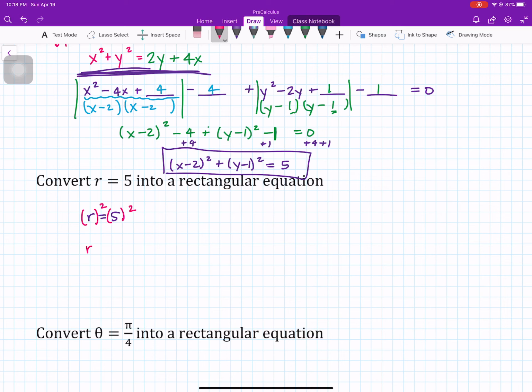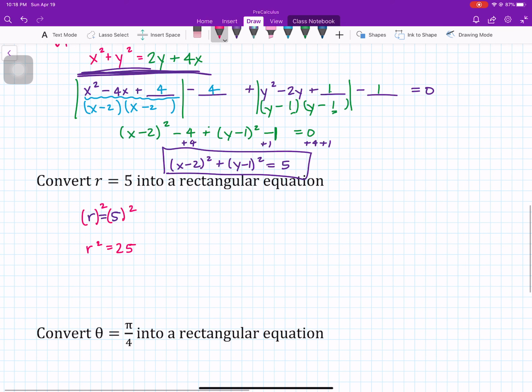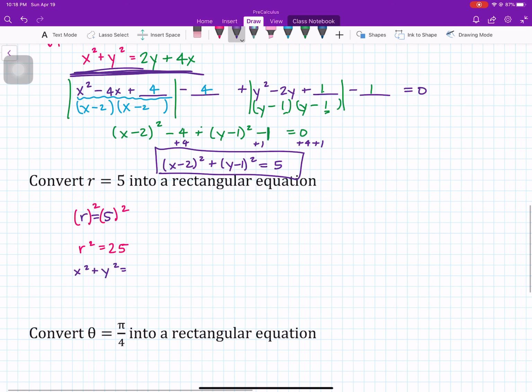So you have r squared equals 25, which is a true statement. Then you know that r squared equals x squared plus y squared. And you get 25. So still a circle, just like all the other ones we did.